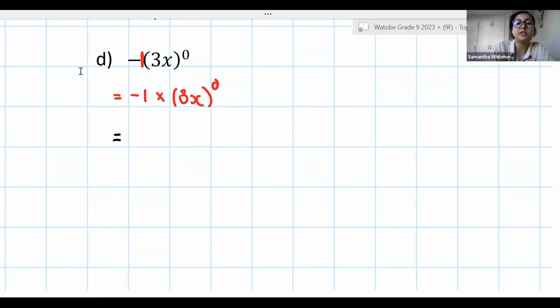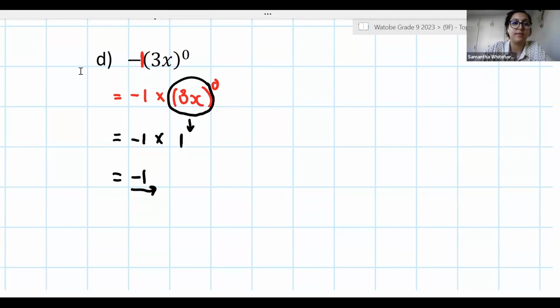So guys, what Esther just said there is any non-zero value raised to the power of 0 is 1. Now that is exactly what this is. 3x is not 0. It's raised to the power of 0. So this actually has a value of 1. And then we still have to multiply it with a -1. And we know that -1 times +1 is -1. And so exactly, our answer here is -1.